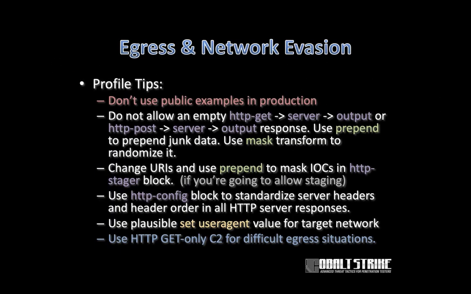The next one I want to speak to is the staging process for staging beacon over HTTP. I very much recommend you take advantage of the HTTP stager block to change what staging looks like on the wire. And again, just let me explain what everything looks like and share how you can change that.